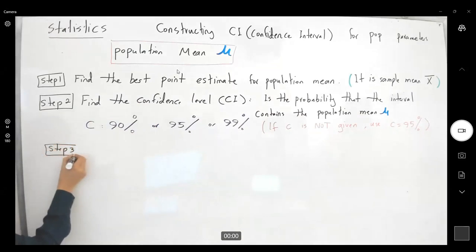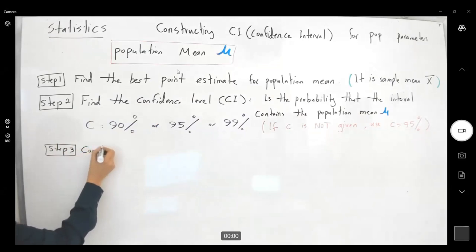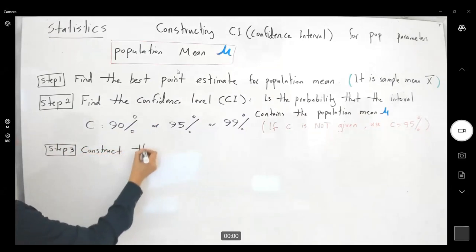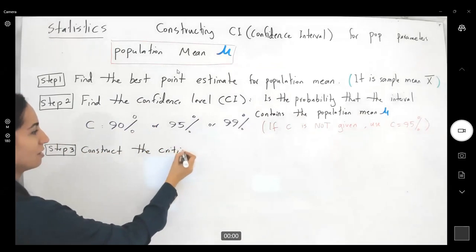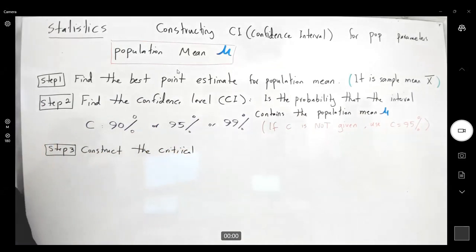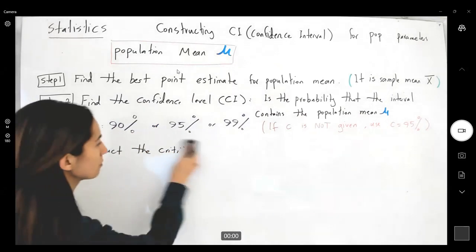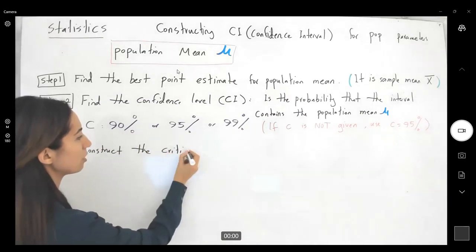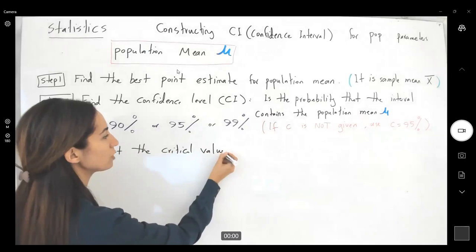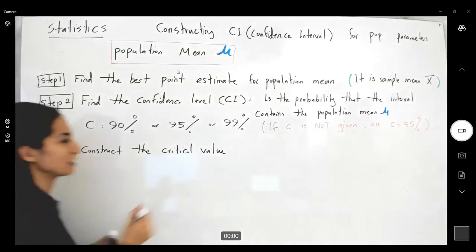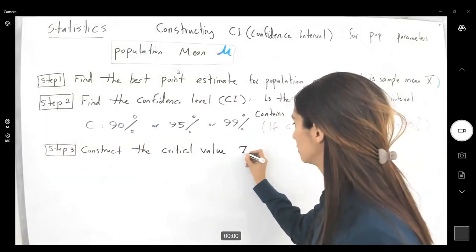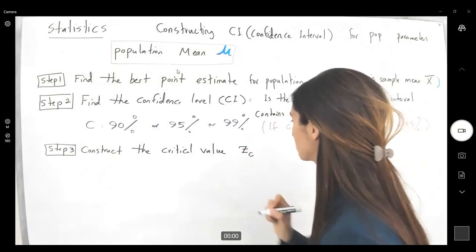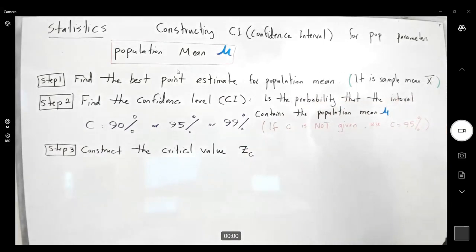Step 3 is construct the critical value, which we denote by Z sub C. Okay, constructing the critical value Z sub C.